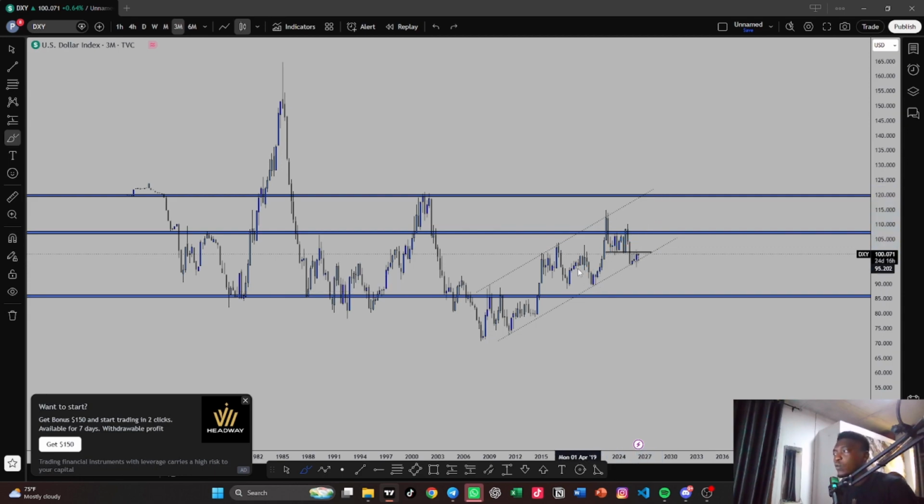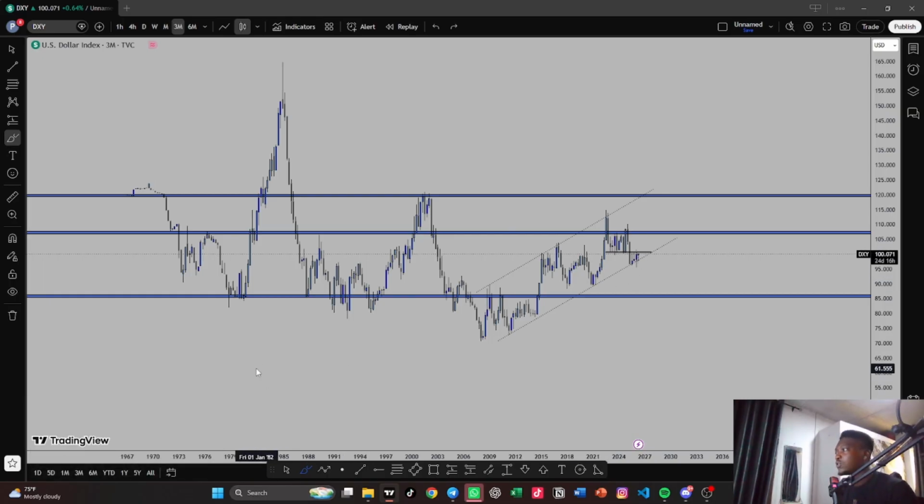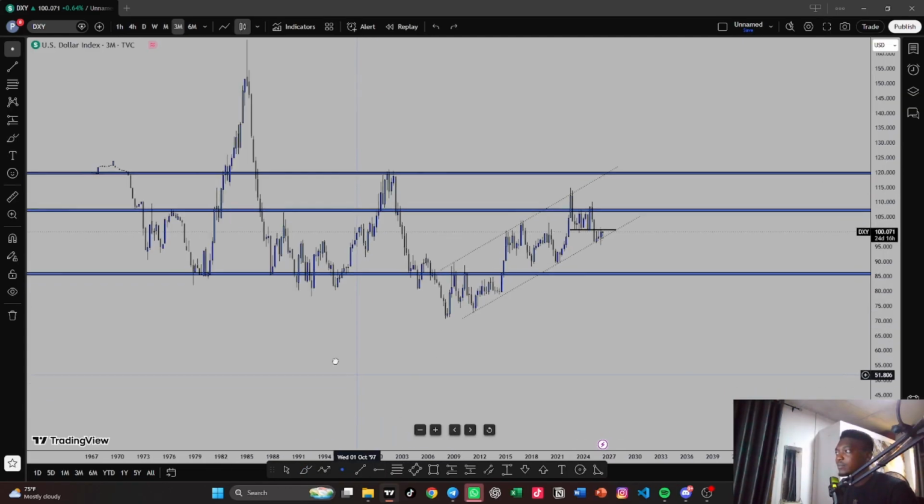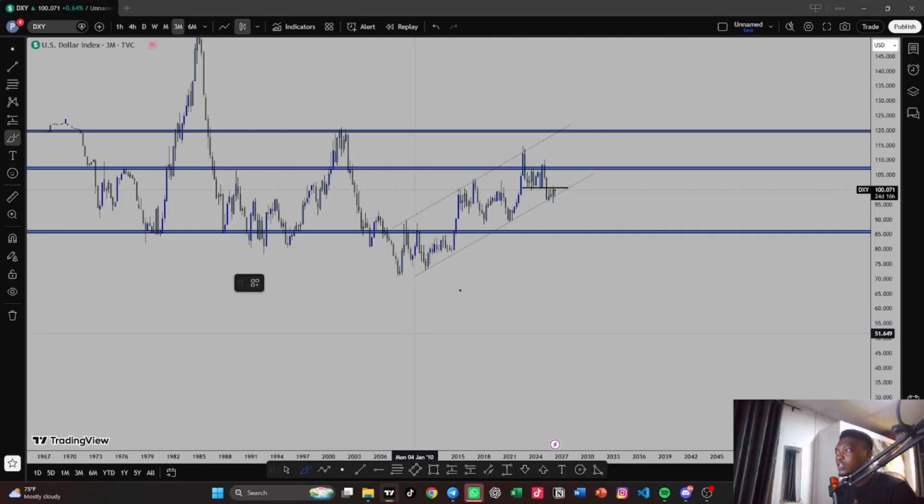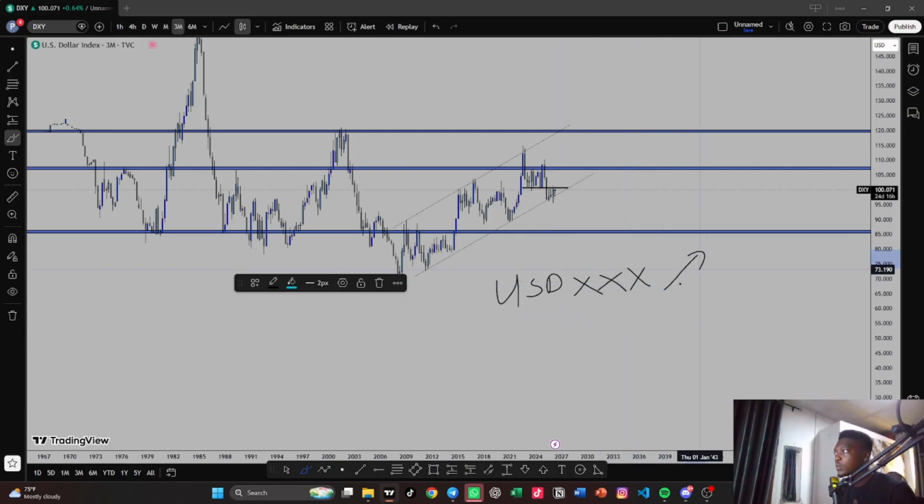And the question is, if this happens, what is the fate of the major currency pairs? What this simply means is that if DXY is trending to the upside, then currency pairs that have USD as their base currency, USD against any other currency, will be trending to the upside.